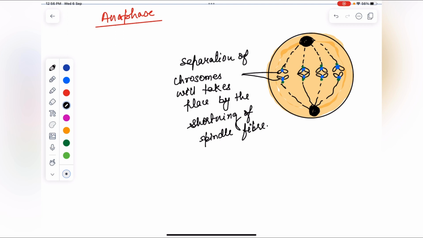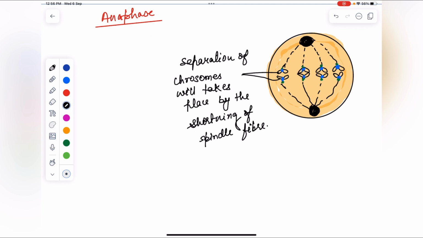By the shortening of the spindle fiber, this stretches, and the chromatids will get detached, and these detached chromatids will now be called chromosomes. Now this is a separate chromosome and this is a separate chromosome, and they will start moving towards the pole. So actually this happens in the anaphase.